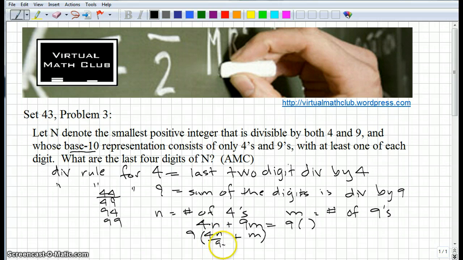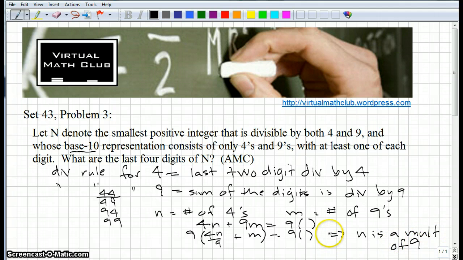Since 4 is obviously not divisible by 9, n must be divisible by 9. So n is a multiple of 9.